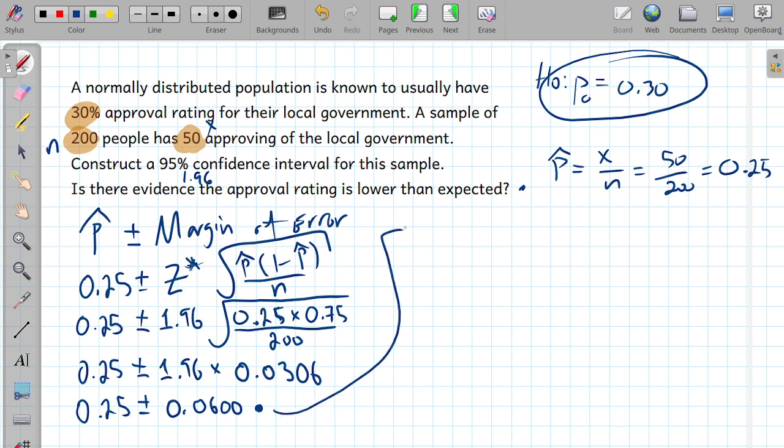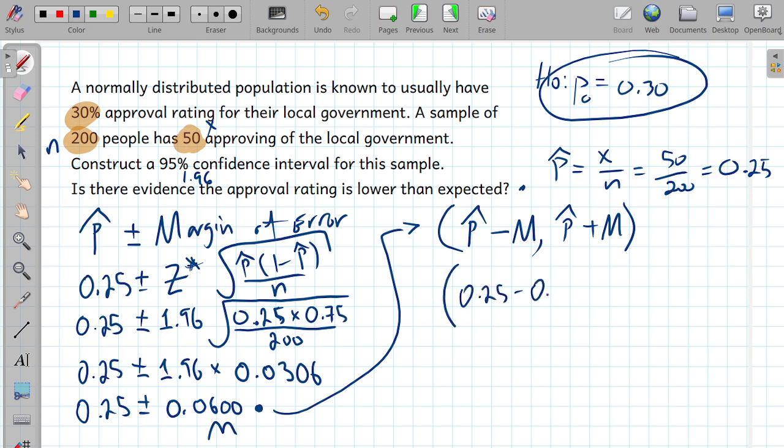The interval means we have to have p hat, the estimate, minus the margin of error. I'm just going to call that m. And then we need p hat plus the margin of error. So this is 0.25 minus 0.06, and this is 0.25 plus 0.06.